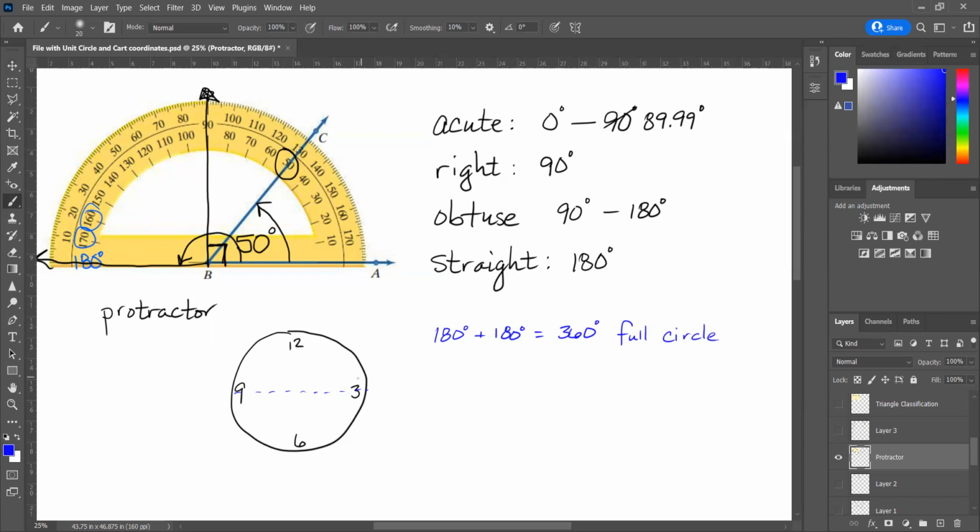Now, one of the problems they might give us in the homework is they might say, well, what if the hour hand starts at 2 o'clock? And let's say that it ends at 6 o'clock. So it goes from 2 o'clock to 6 o'clock. How many degrees does that go through?